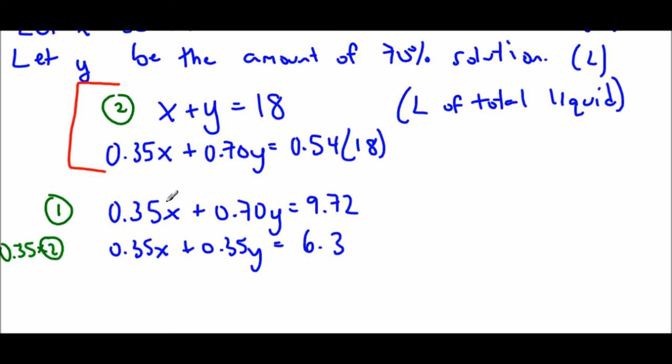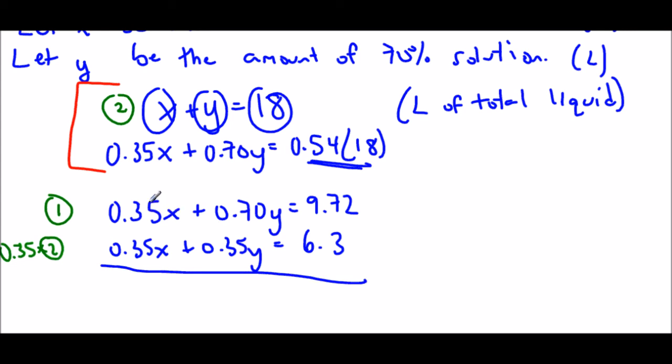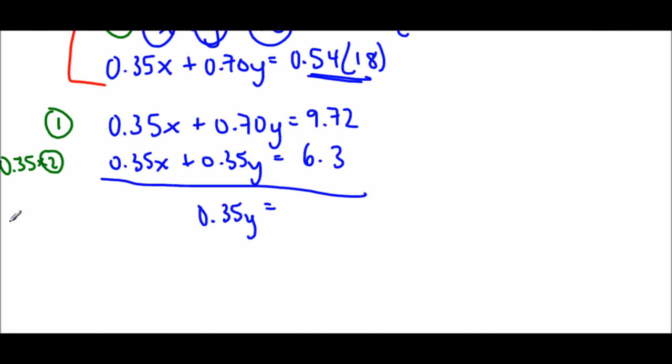The first equation didn't change, and for x plus y equals 18, I multiplied each term by 0.35, because that means if I now subtract these two equations, I'll eliminate the x. 0.35x minus 0.35x is no more x's. Now 0.7y minus 0.35y is 0.35y, and 9.72 minus 6.3 is 3.42.